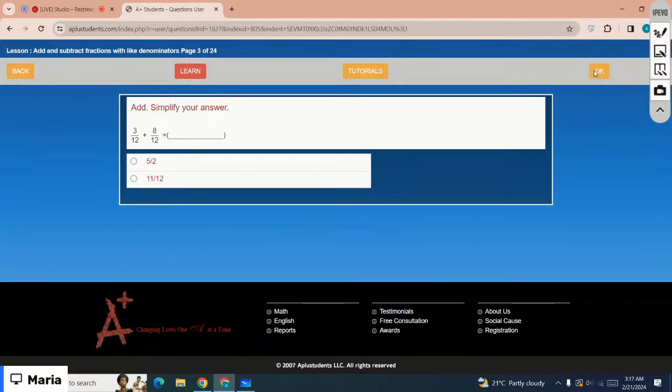Okay, the next one, now you have to solve the questions, right? The next one is 3 by 12 plus 8 by 12. So which is the correct option?